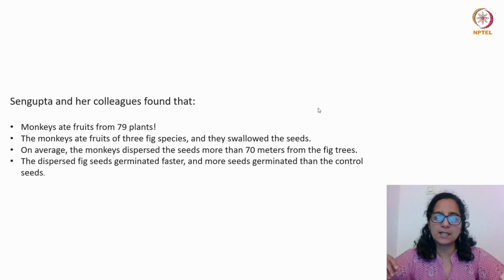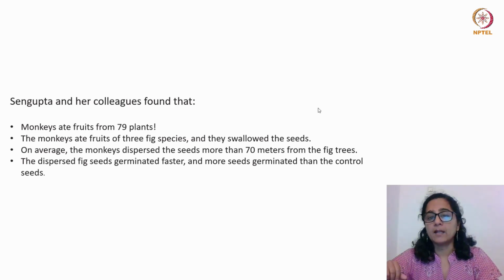So what is control here? Control is basically seeds which have not gone through the monkey's gut. What Sengupta et al. did was they took fig fruits which had fallen from the tree and germinated them themselves. So that acted as a control.